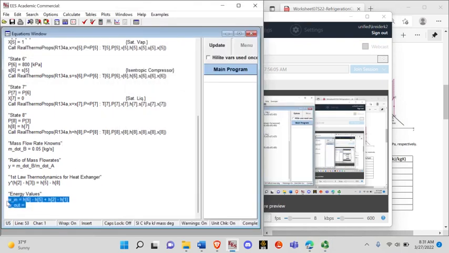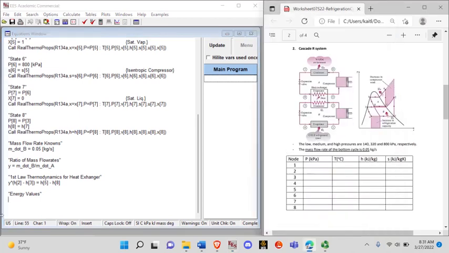Okay, so instead of denoting this for energy values, we'll do them individually and we'll include mass flow rates. So this is the compressor power of the lowest compressor, and that one has the bottom cycle mass flow rate, which is the given 0.05 kilograms per second. So we're going to have m dot B times H2 minus H1.